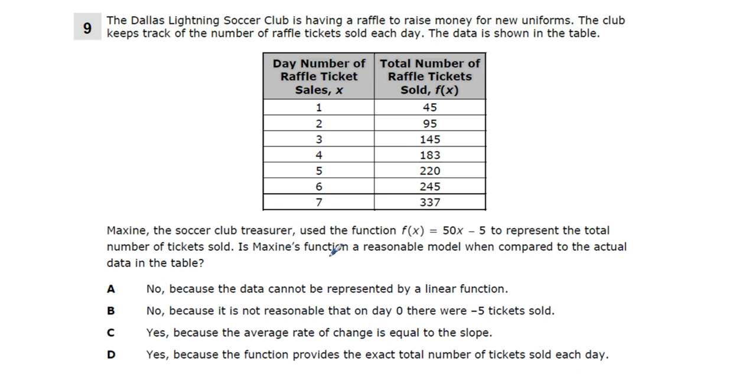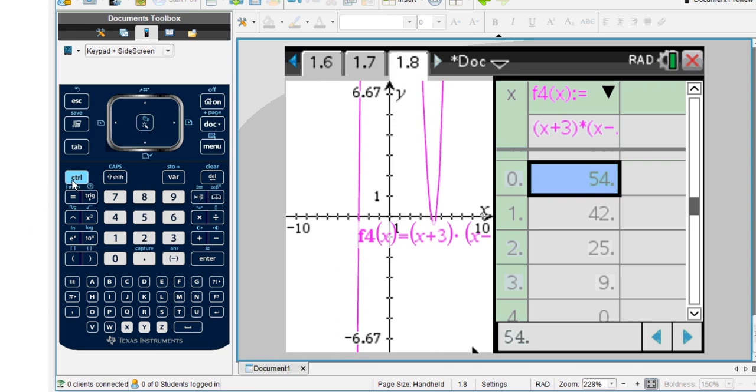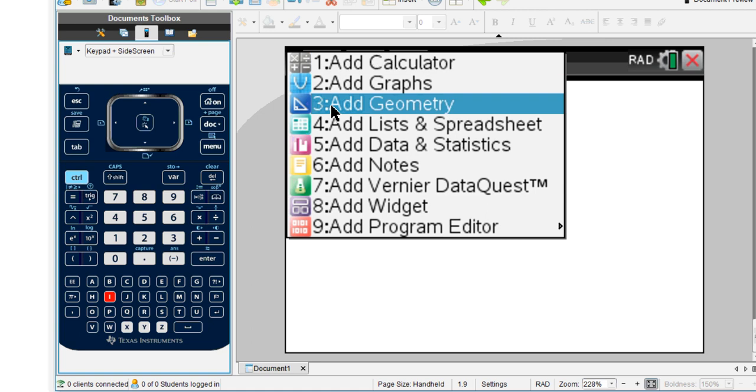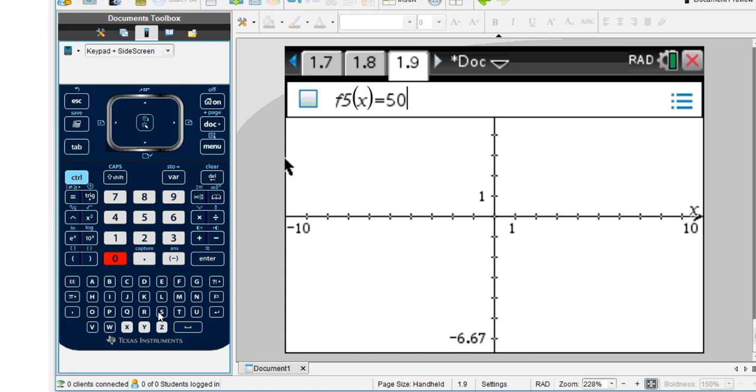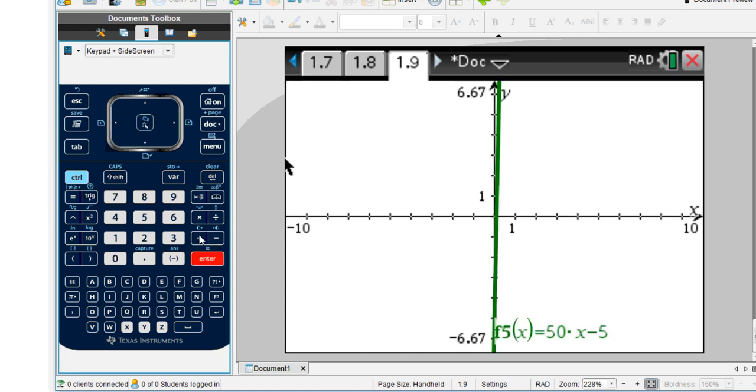So you can go ahead and enter that in the calculator, see what it looks like if you want to. So Control I, just going to put Maxine's function in here. We'll put 50x - 5. So we have that.